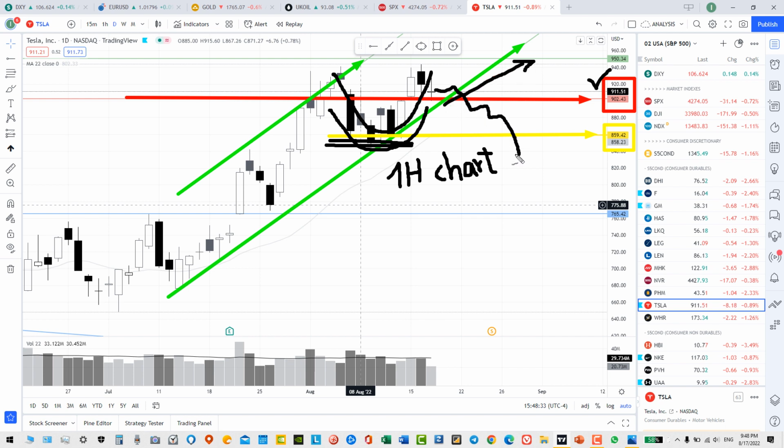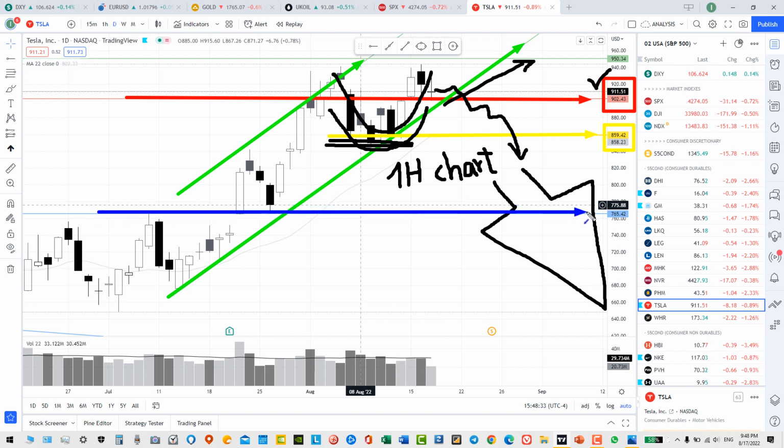This means that a new impulsive wave is established or being created, which means that the targets may be initially around the nearest weekly support, 765, and maybe lower near the downtrend channel line.